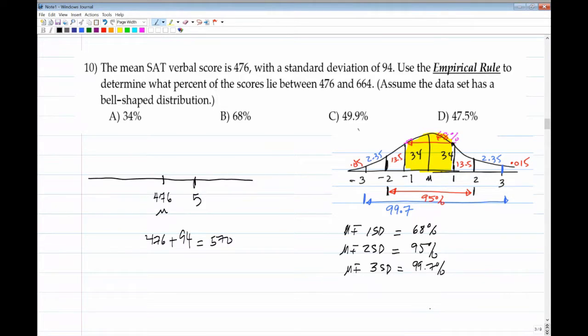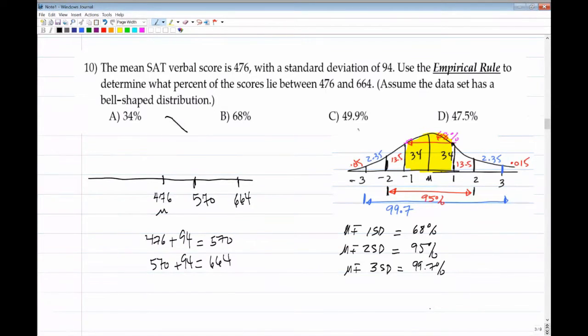So this will be 570 on this side, and then two standard deviations would be 664, by adding another 94 to 570. That's where I should stop.